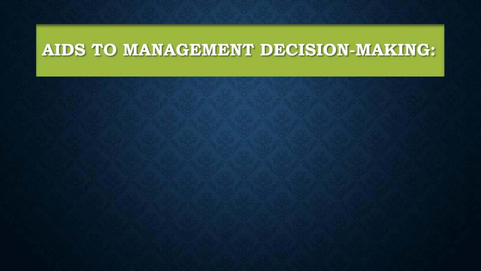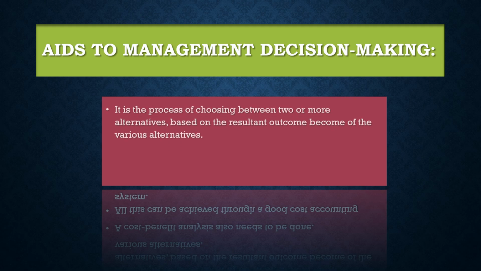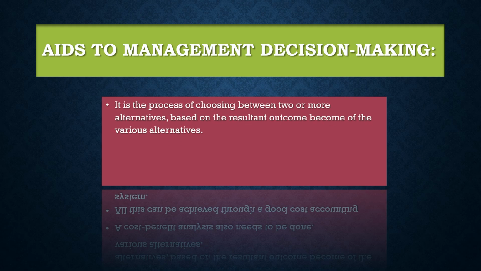Next, aids to management decision making. What are the aids we are going to take in? That means the management is going to take decisions. It is a process of choosing between two or more alternatives based on the resultant outcome of the various alternatives.